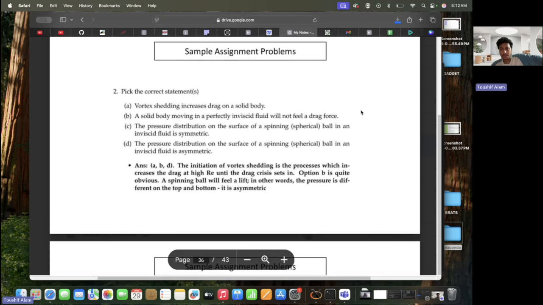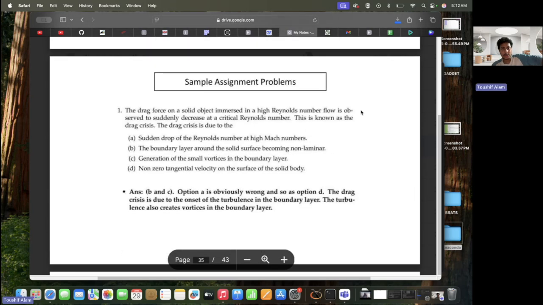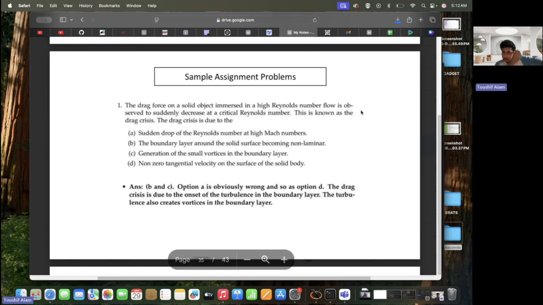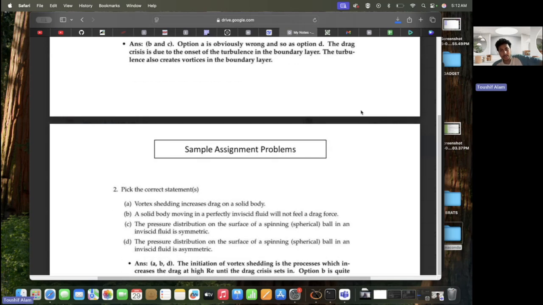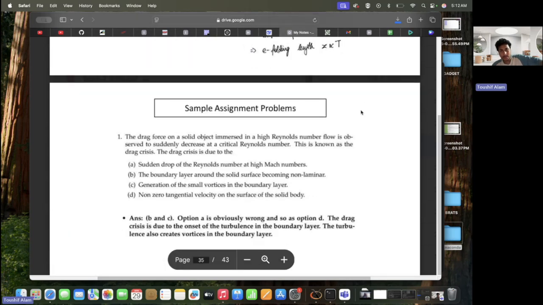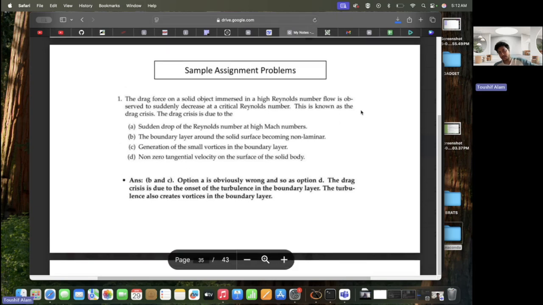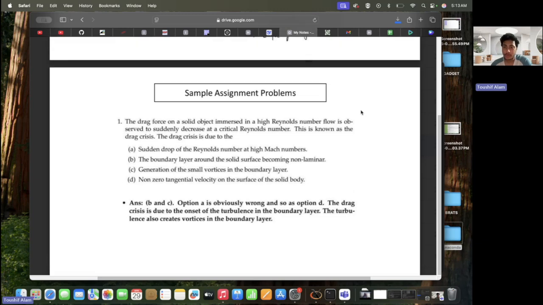For vortex shedding, you have to understand the idea of this, and in this question, the drag crisis. Vortex shedding is a very important phenomenon, and it will lead to the idea of turbulence. If you do any further course on turbulence and nonlinear physics, you need to know all of this.